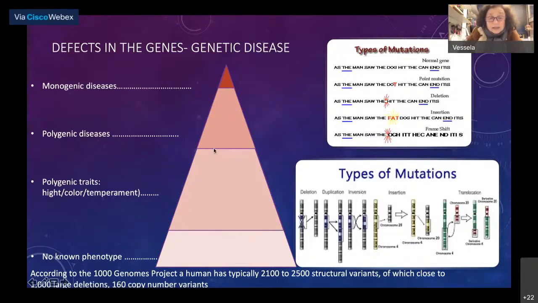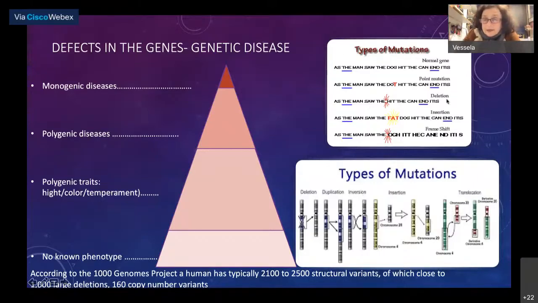In fact, those lines don't exist, and this gradient from any phenotype to a disease phenotype is very blurry. This is particularly important in psychiatric disorders, where phenotypes are indeed not very easy to distinguish.